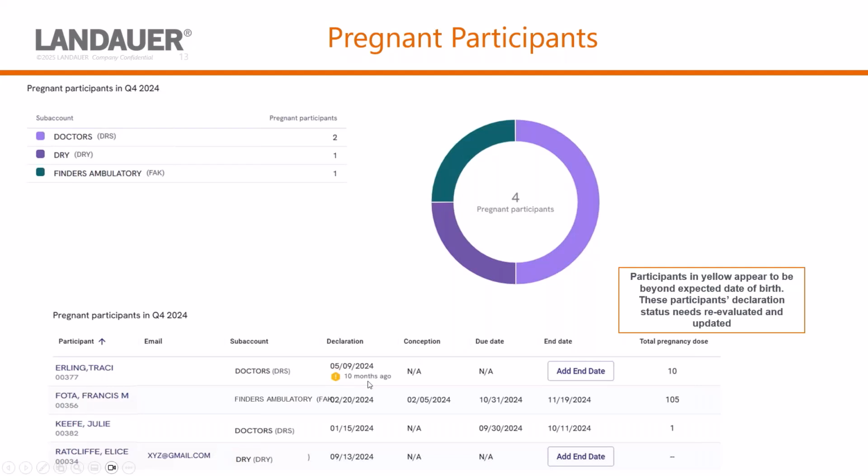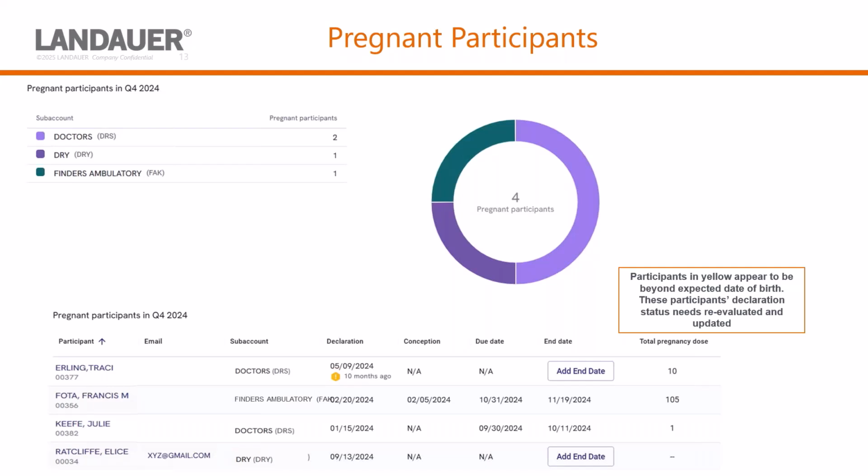So there's 7 days in a week, and there's 40 weeks in a typical gestational period, so 280 days. So after 40 weeks, 280 days, you would expect to see that dosimeter canceled. Now, with fetal dosimeters, you have to do a two-step process to fully cancel that dosimeter because of a safety feature.